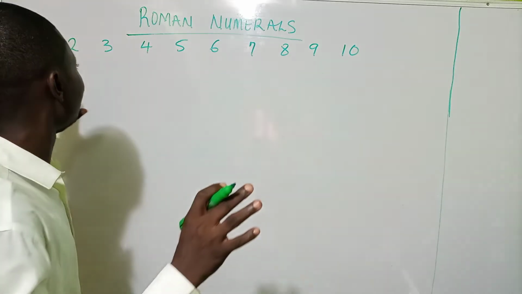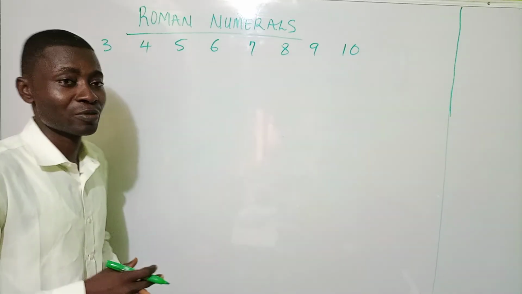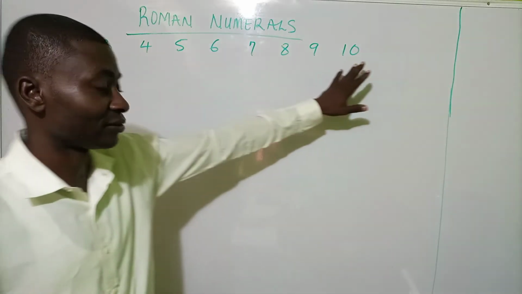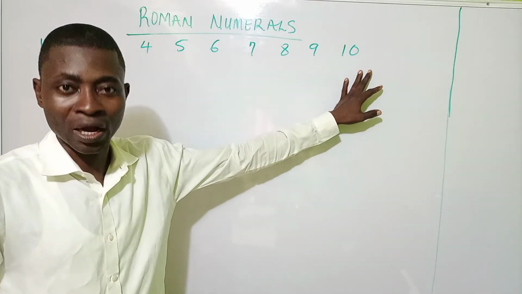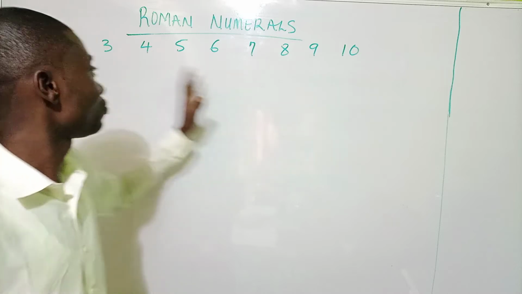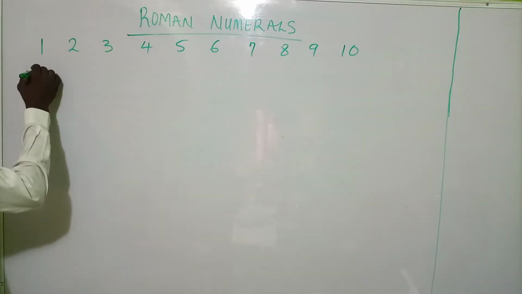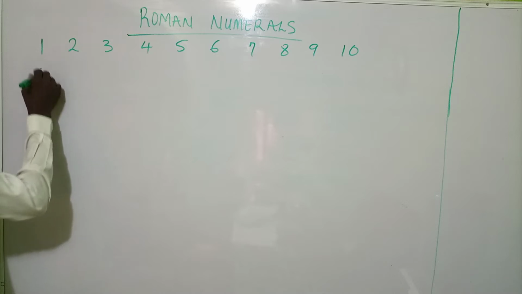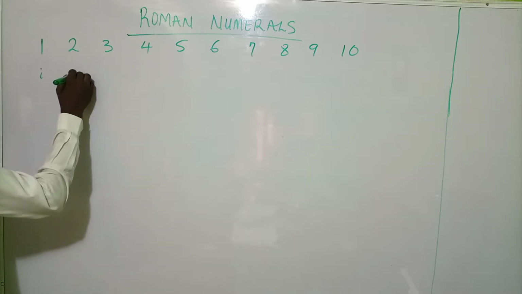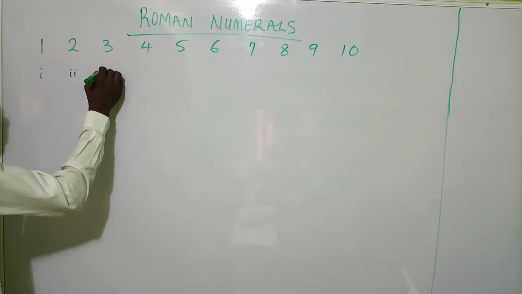The basic numbers you need to know under Roman numerals is 1 to 10. It is key first, 1 to 10. And so how do we write 1 to 10 in Roman numerals? 1 in Roman numerals is I. 2 is II. 3 is III.